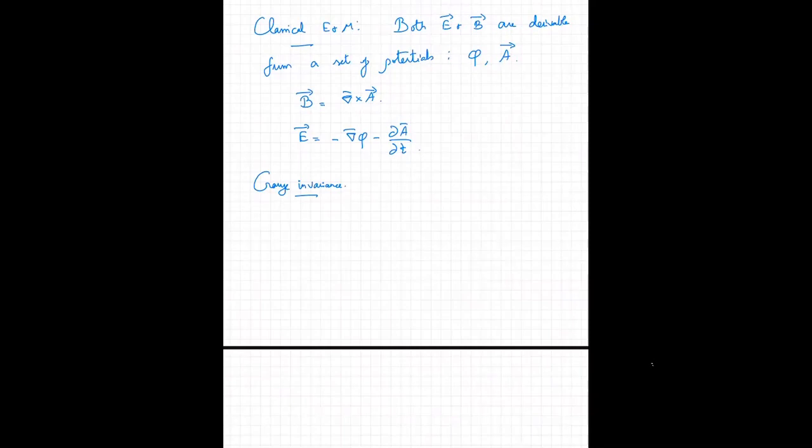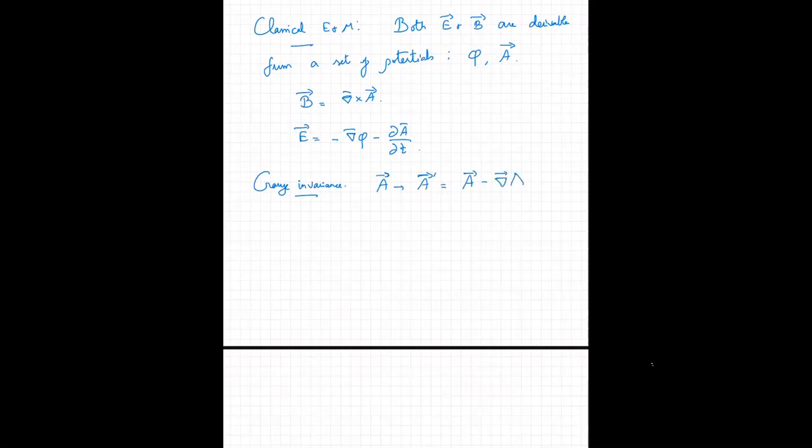In other words, I can choose this phi and A and I will get the 4 Maxwell equations, or I can choose a different set of phi and A and I get the exact same Maxwell equations. So what are the different phi's and A's that we can choose? Well, it turns out that if you have any A, you can transform to a new A, which is given by the old A minus the gradient of some scalar function lambda.